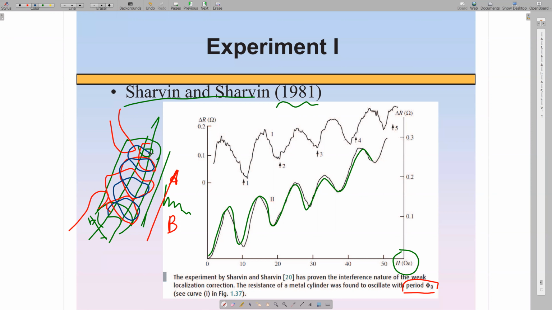They have different magnetic field, different dynamical phases. So if you sum up over all trajectories, dynamical phase is gone.